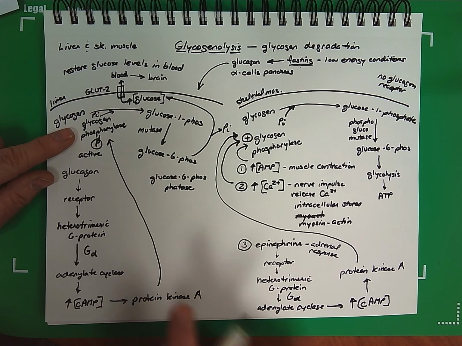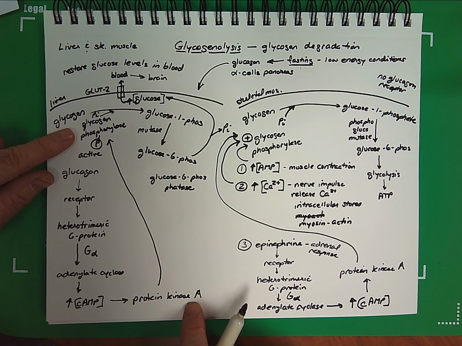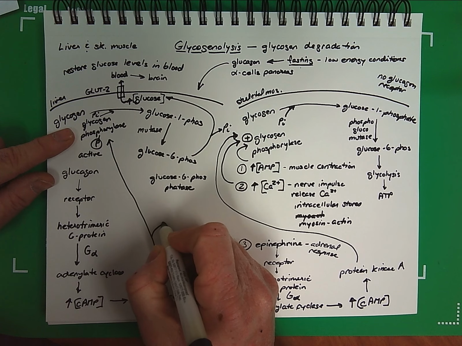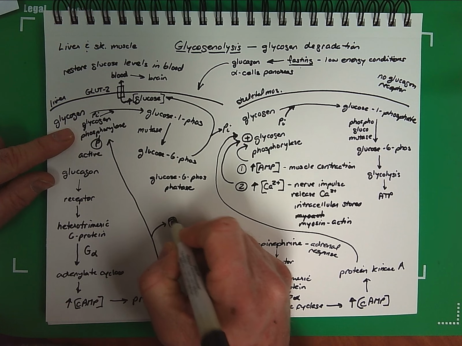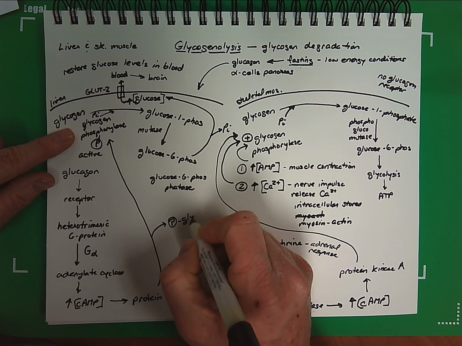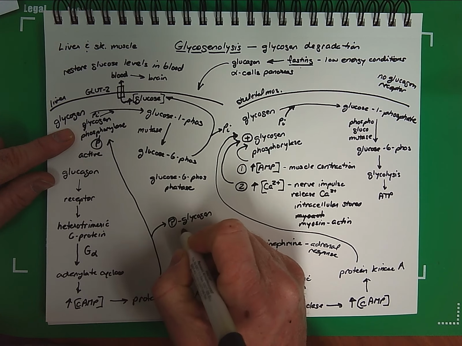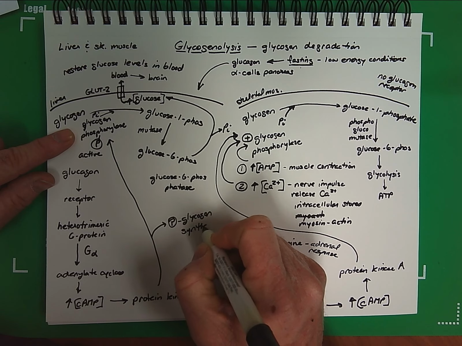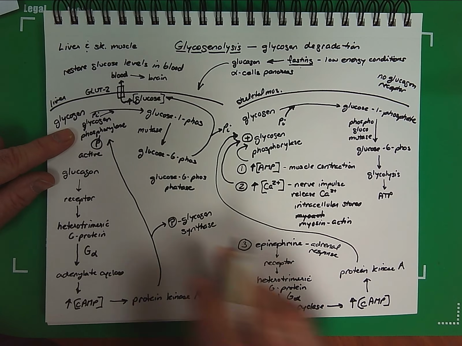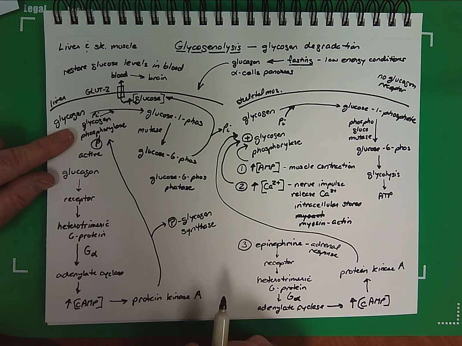Another side reaction to make note of is that protein kinase A is also going to phosphorylate glycogen synthase in both liver and skeletal muscle.